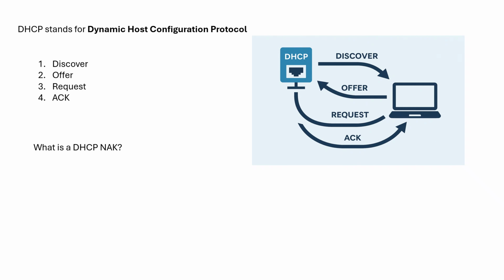The DHCP server sends a NAK when the client requests an IP address outside the server range, or the IP is already in use. When a client gets a NAK, it immediately drops the conversation and restarts the DHCP process.